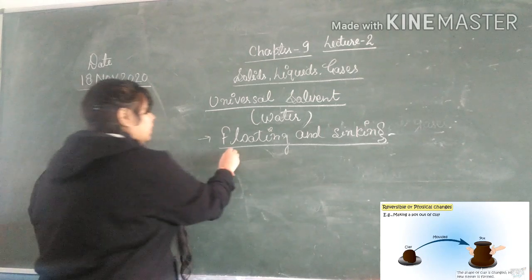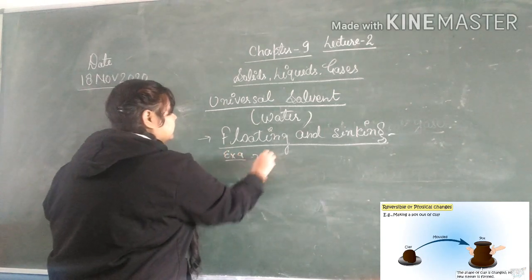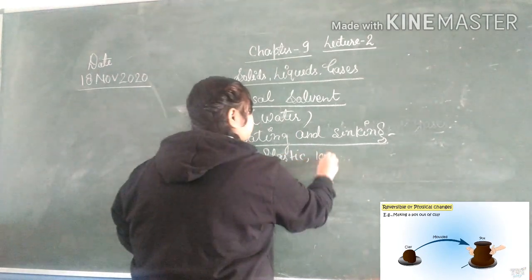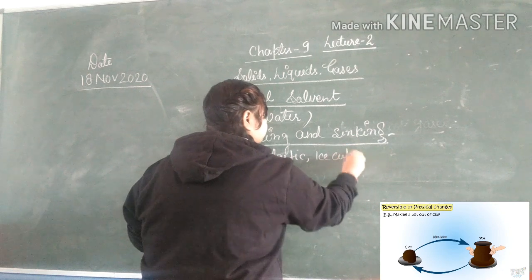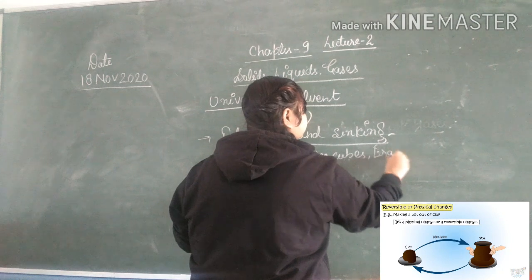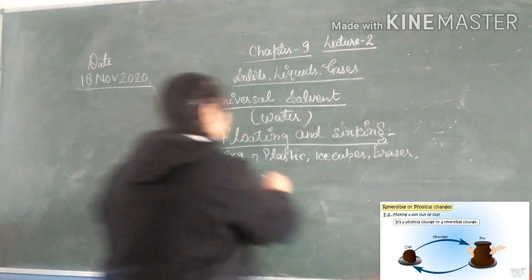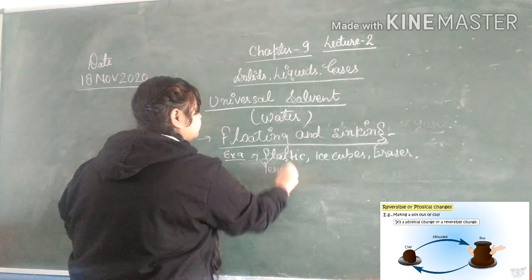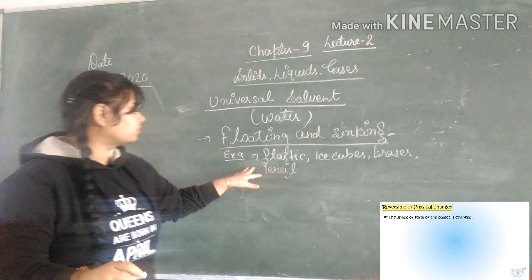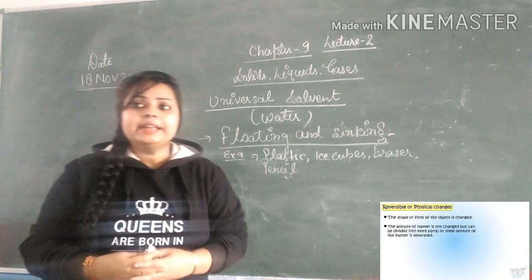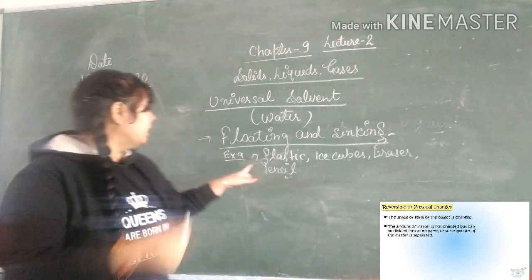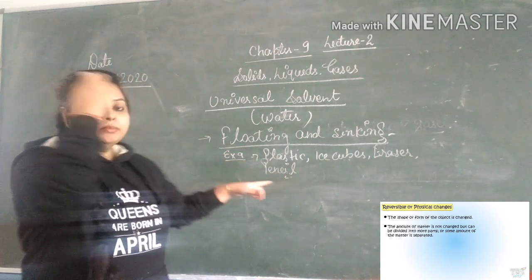For example, plastic and ice cubes float on the surface of the water and are called floating objects.